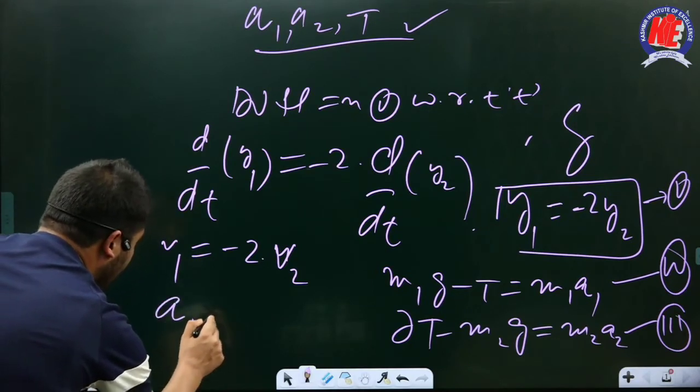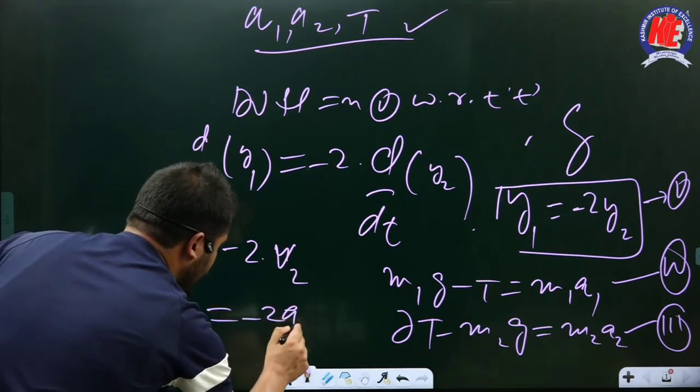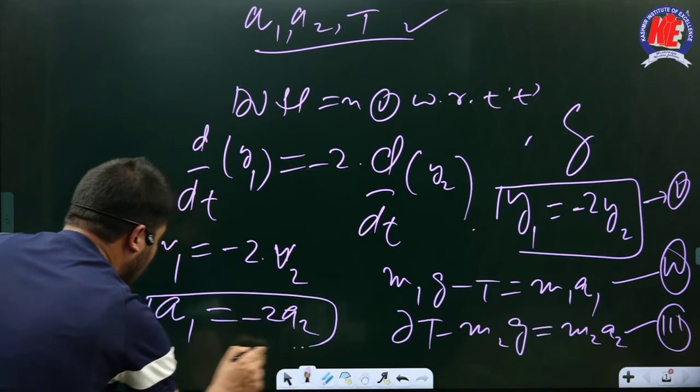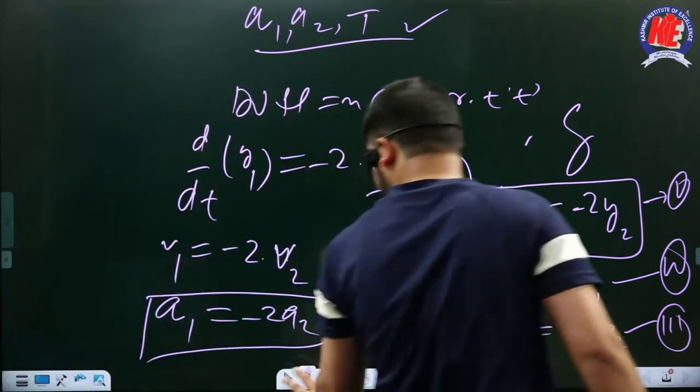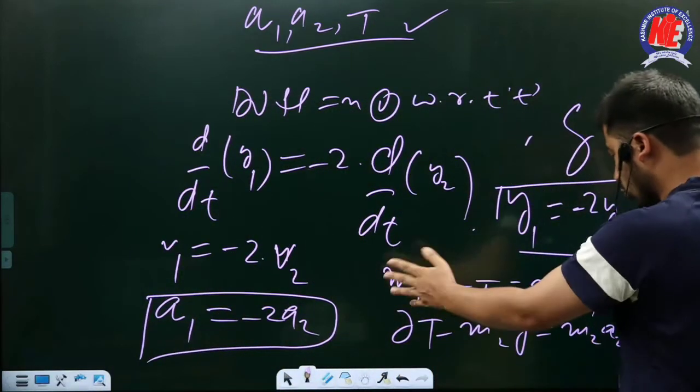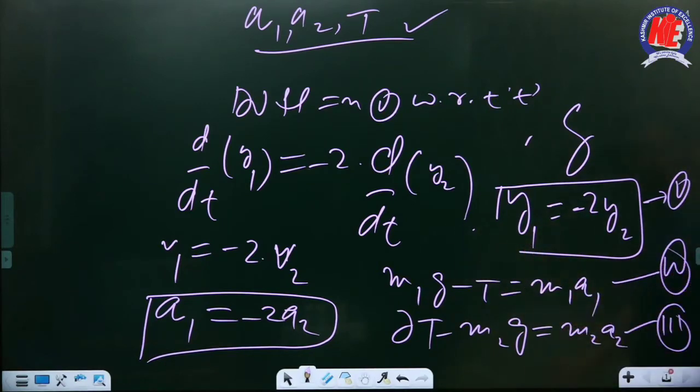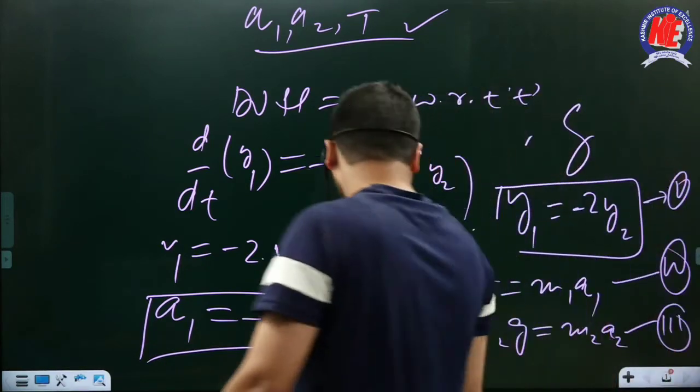Here a1 is equal to minus 2 times a2. So from here I learned the relation between the acceleration of two blocks. So I can use this equation and I will get everything.